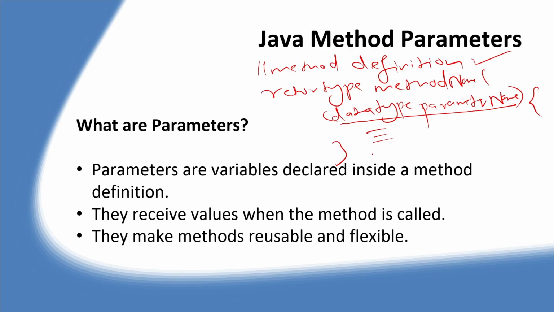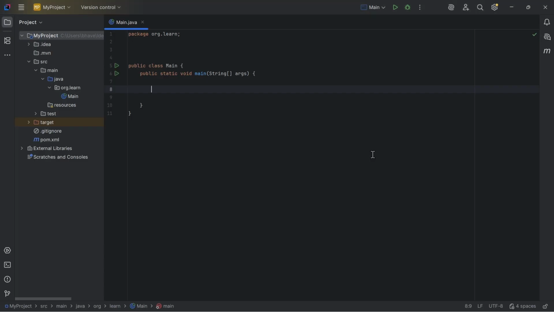So let's go to IntelliJ and see some examples so we'll have better clarity. Let's say example: void, that is the return type, and the method name greet. We are just simply printing hello, that's it.